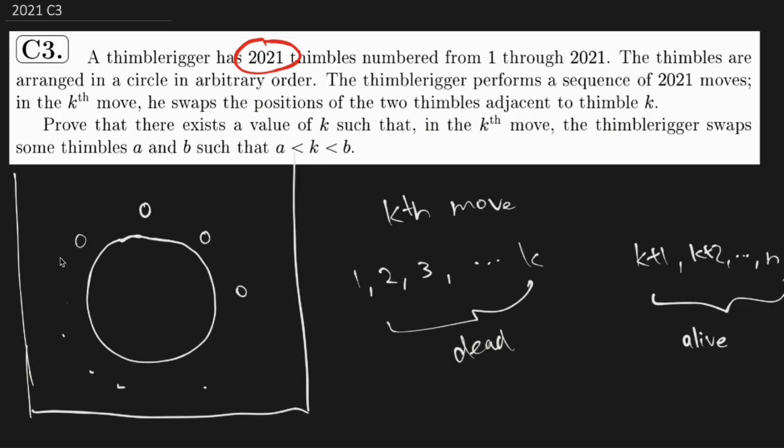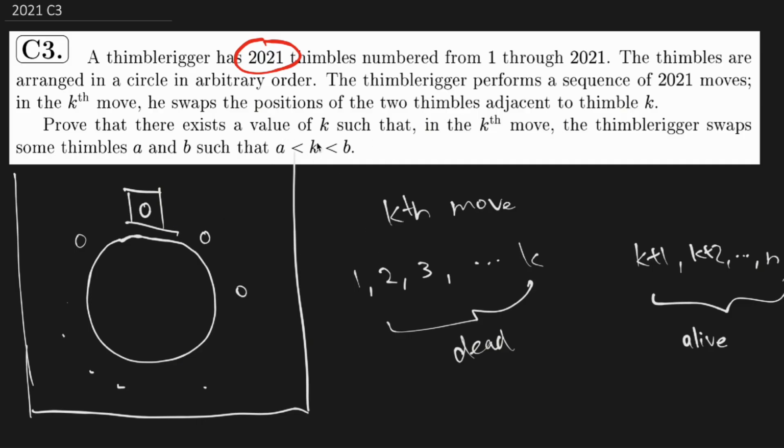So that was a mouthful, but if we take a look at what's going on over here, in the beginning all of the thimbles are alive, or everything is alive. And so after each move, let's say we move this person.